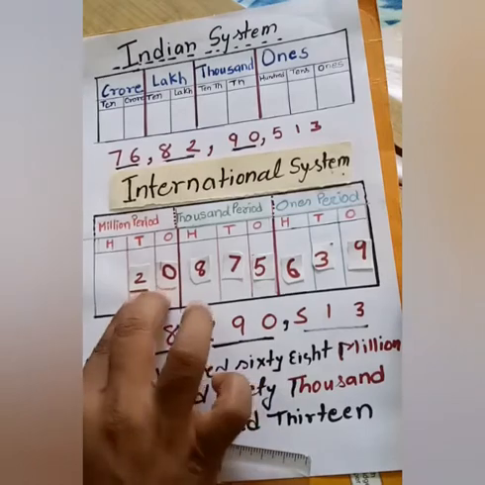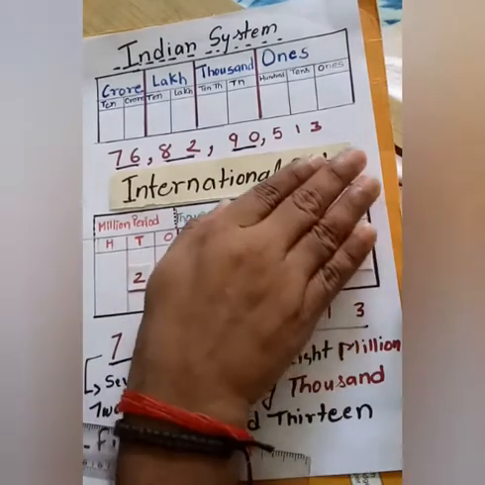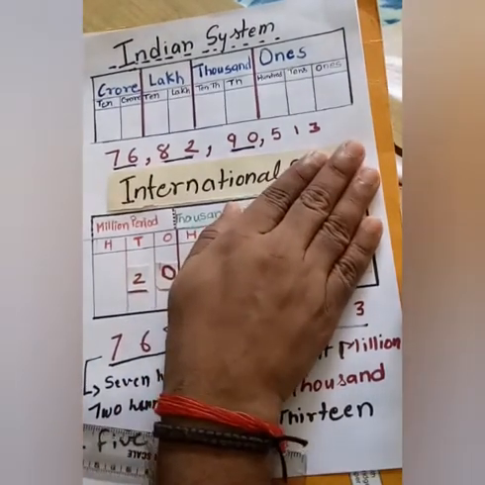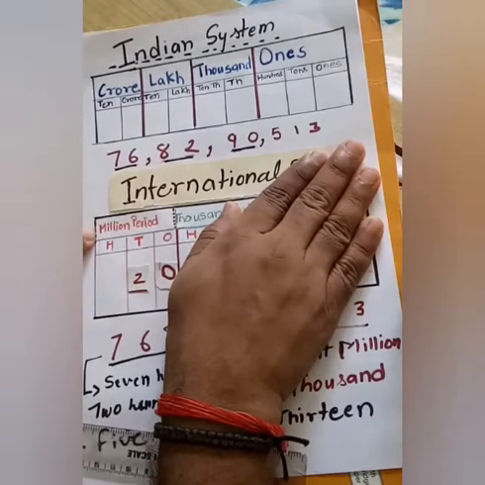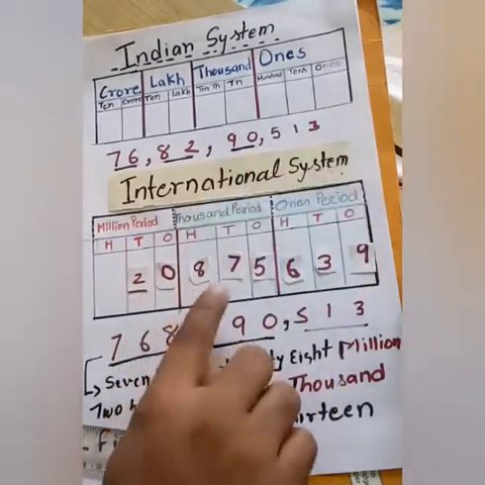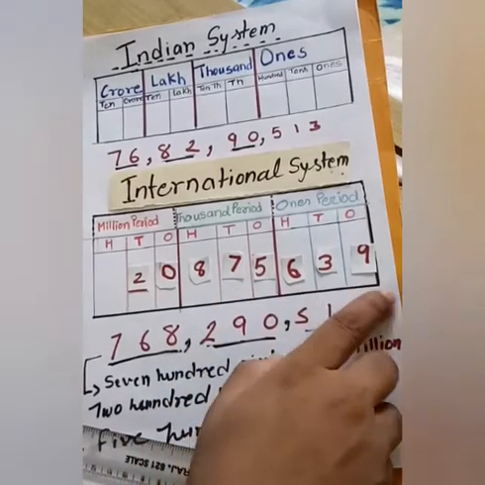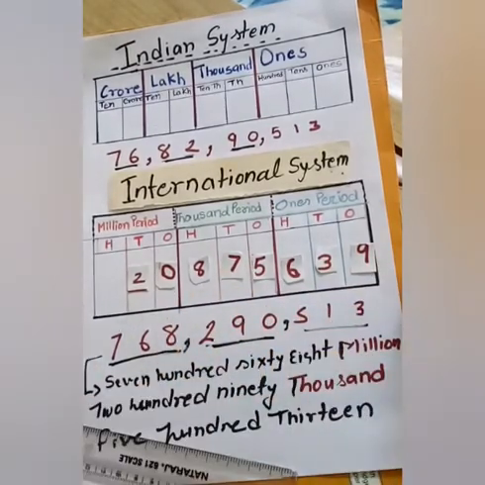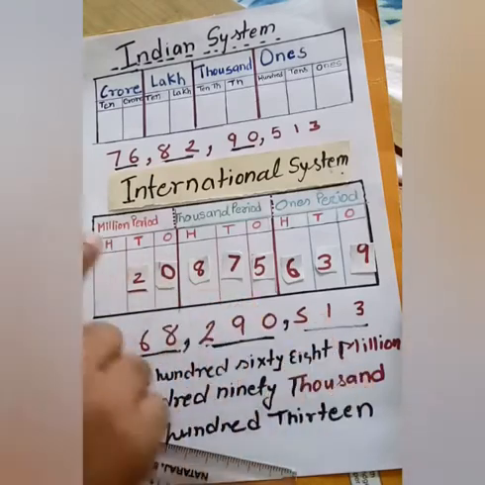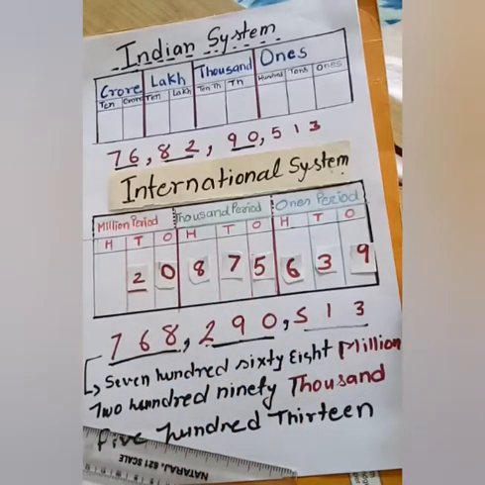Very simple. Forget about everything, what is written? 20. It is just 20 millions. So you will write here 20,875,639. Commas, remember, after each 3 digits in the international system. There is a uniformity in the international system.